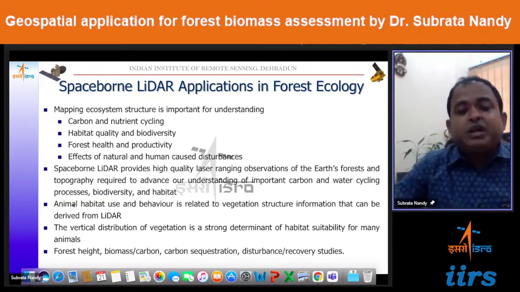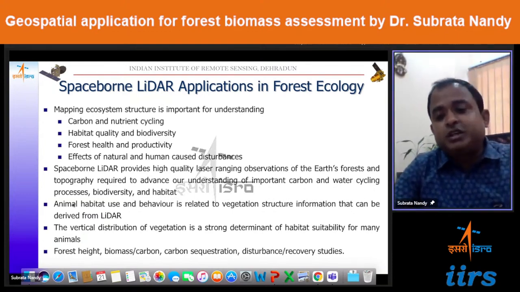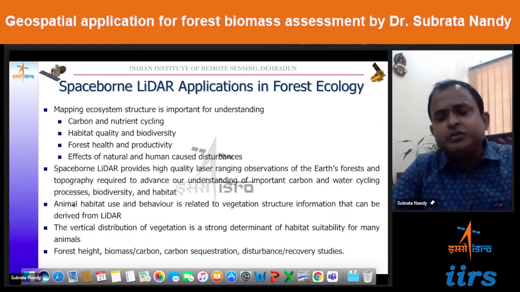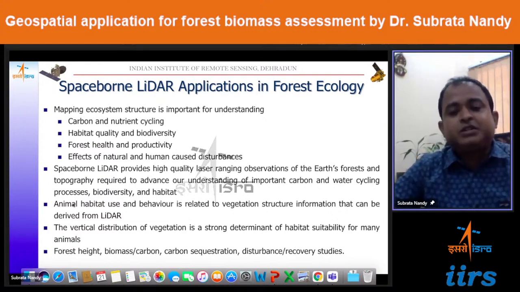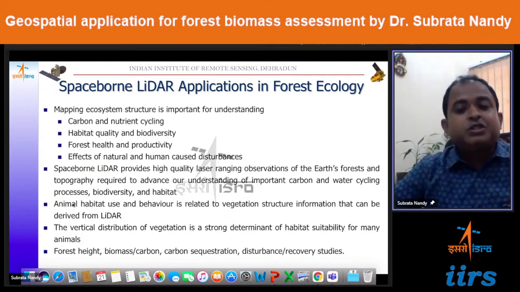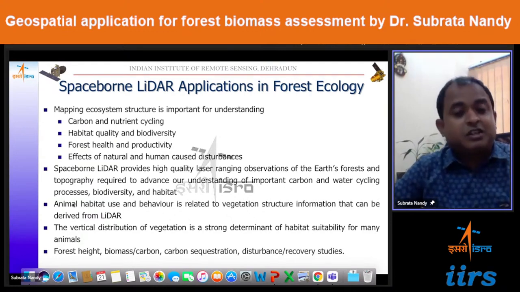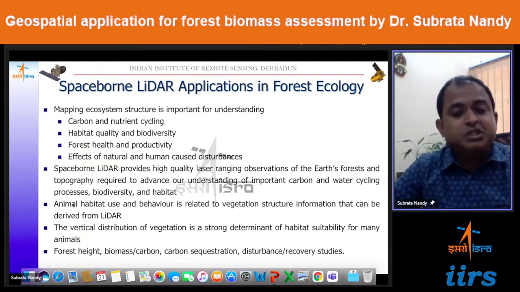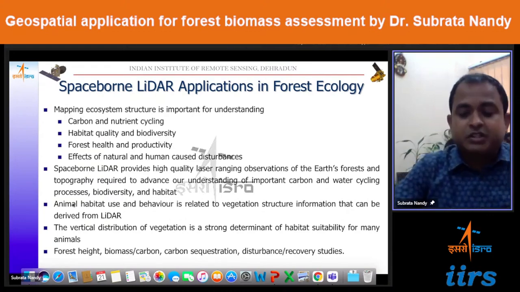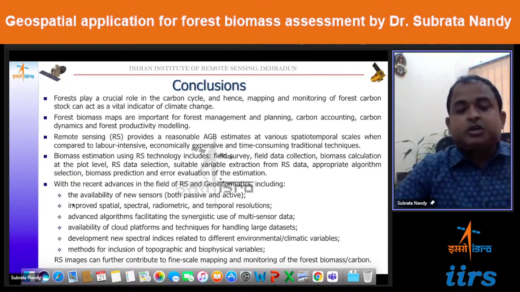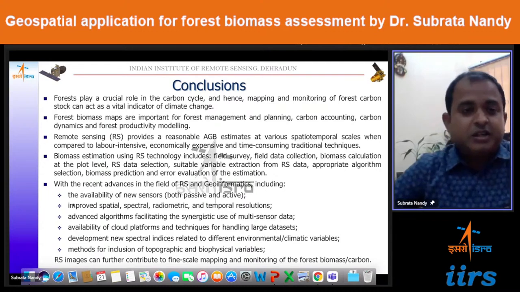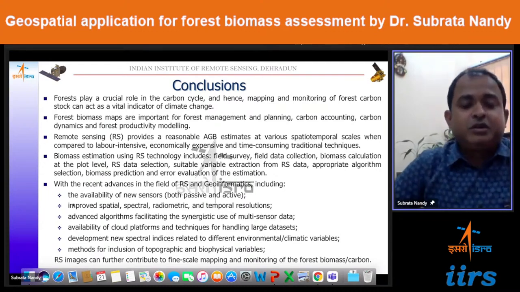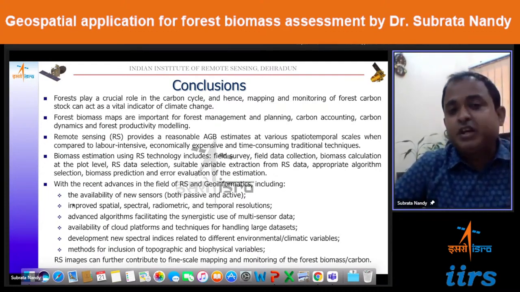In addition, you can also use this for, let's say, habitat suitability studies, which are related to the structure of the forest. But the main focus of this kind of data is forest height, biomass, carbon sequestration, disturbance, and recovery studies.